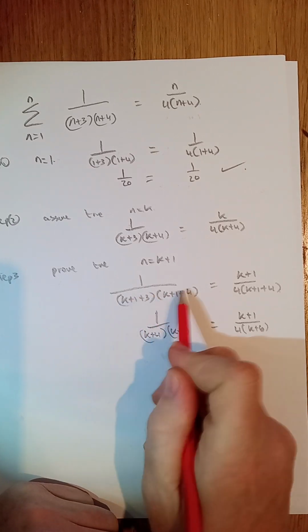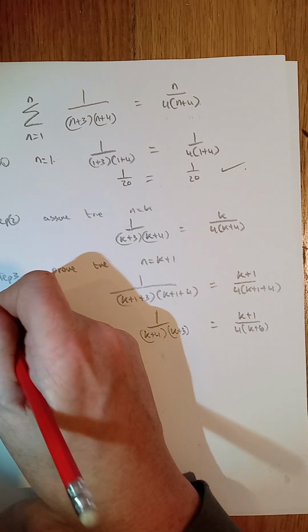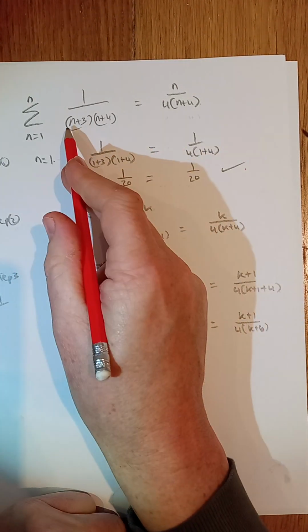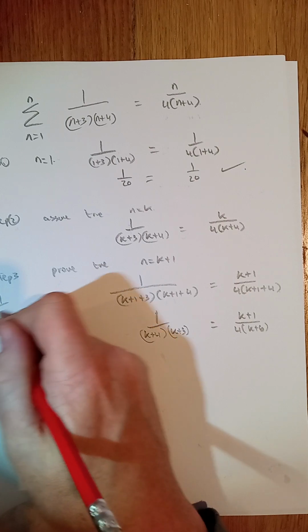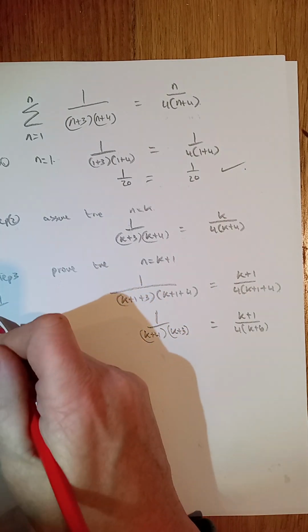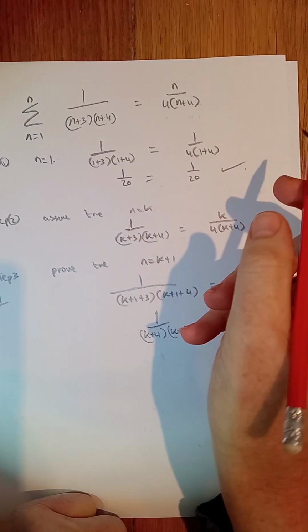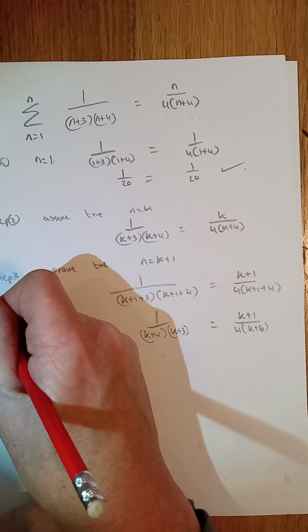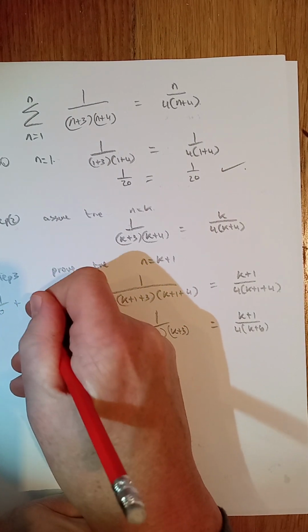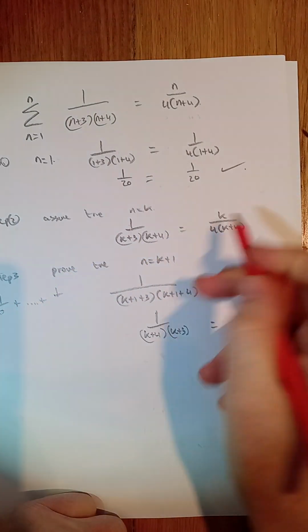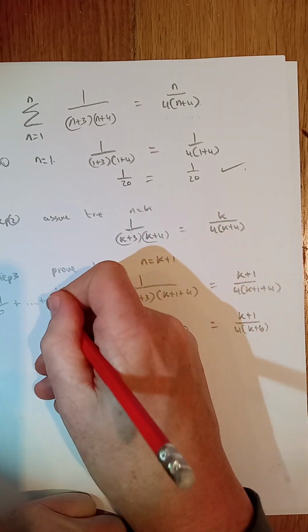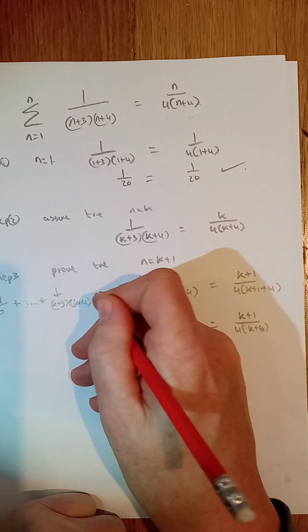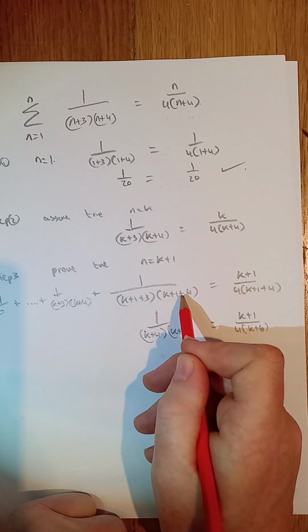Well, remember, this sequence, the k plus 1 sequence, you could start with 1 over 20, plus 1 over, what did we work this one out, k plus 3 by k plus 4, plus k plus 1.